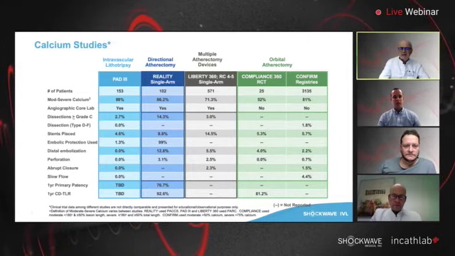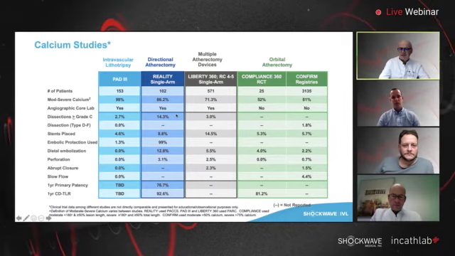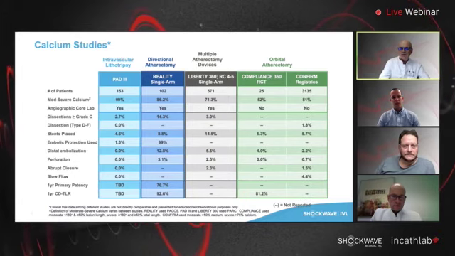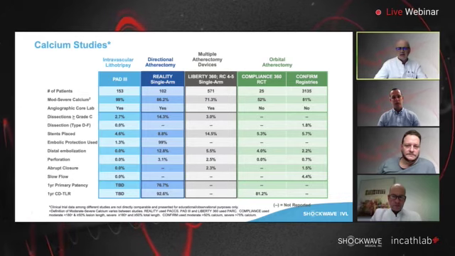So basically, if we compare now the performance of other vessel preparation devices like directional atherectomy or like orbital atherectomy, as shown in this slide, even if we cannot compare those outcomes one-to-one, because these are not direct comparisons, it's simply comparing published literature.